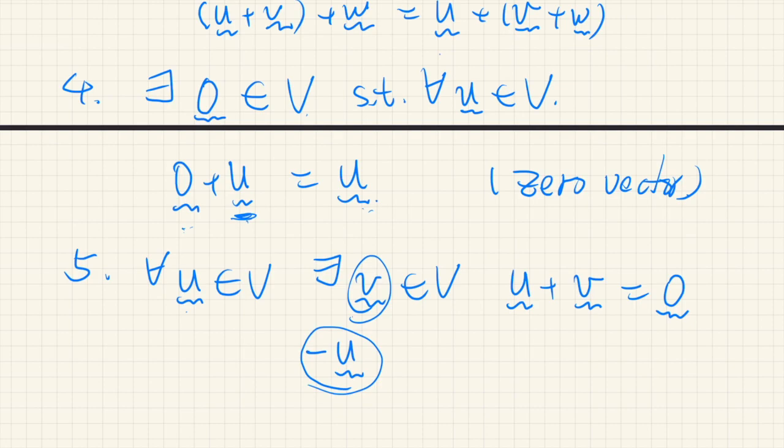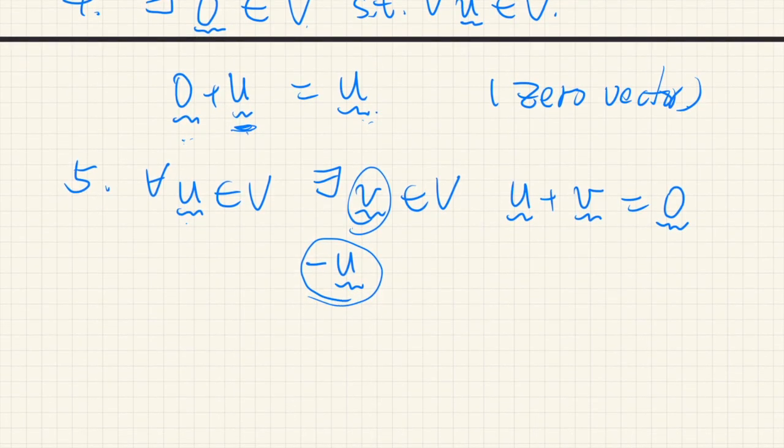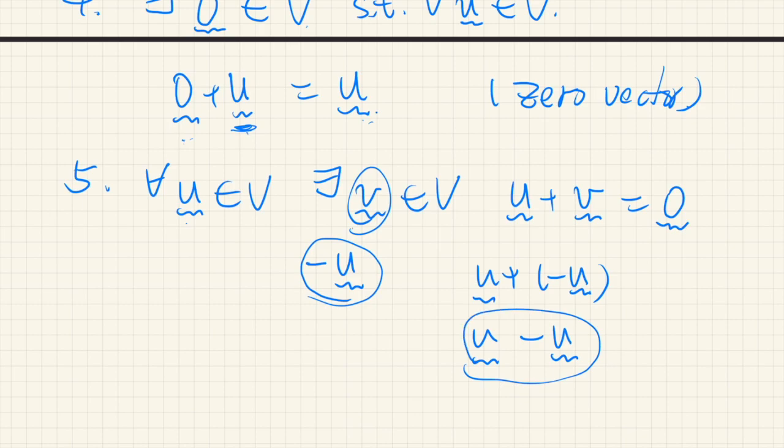So in that case, we write u plus negative u, but we often abbreviate as u minus u. So this is just a shorthand notation for this expression, and that should be equal to the 0 vector.